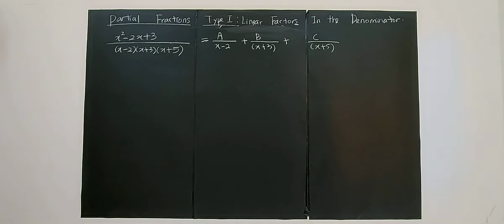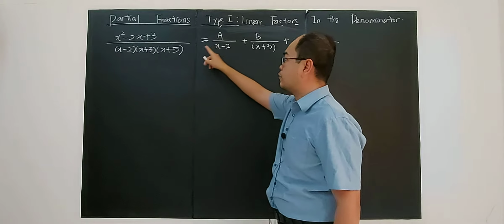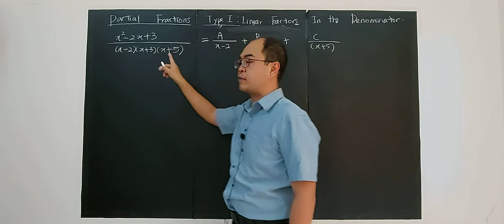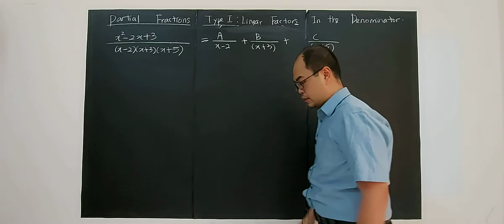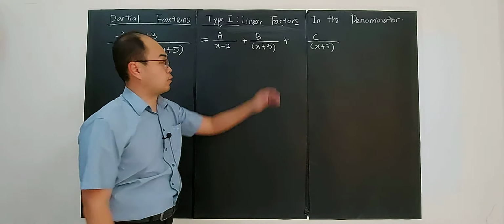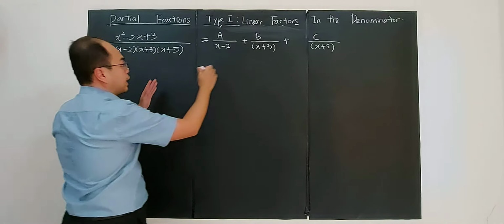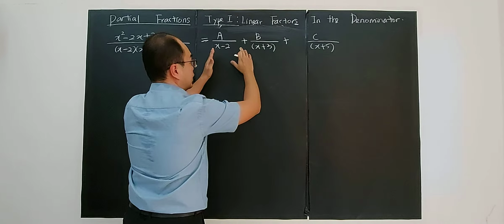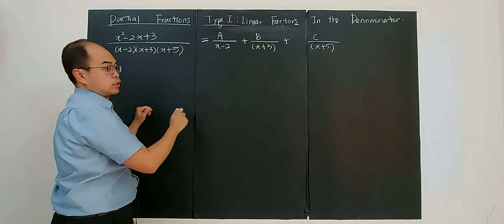This will be the partial fraction for this rational function. You must see that these are linear factors, then you can do it easily just by writing it in this form. Now I'm going to recombine this fraction.